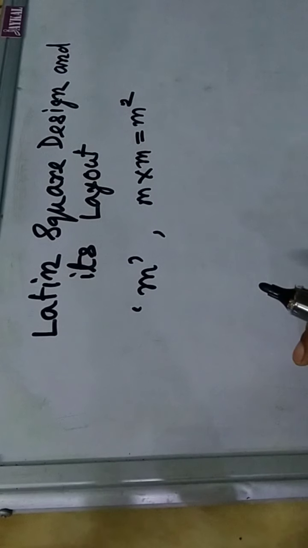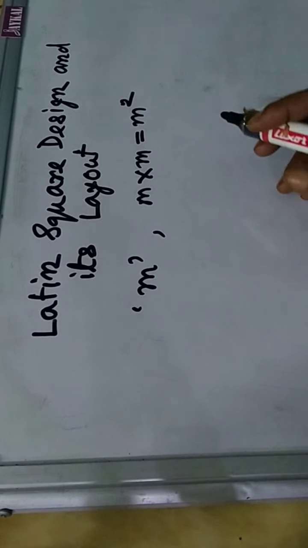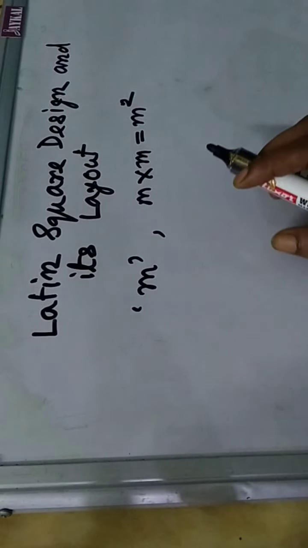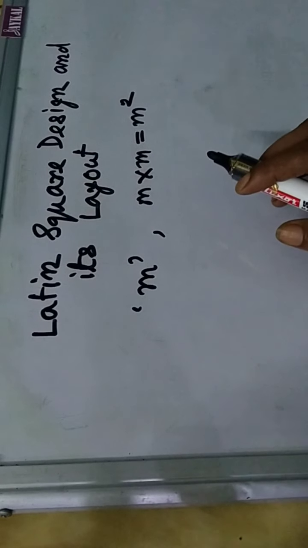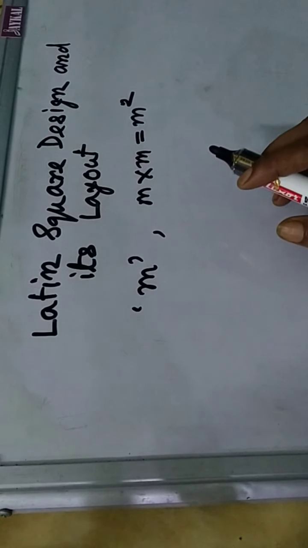experimental units. The whole experimental area is divided into M square experimental units arranged in a square so that each row as well as each column contains M units.